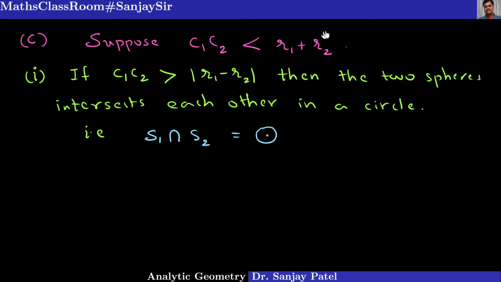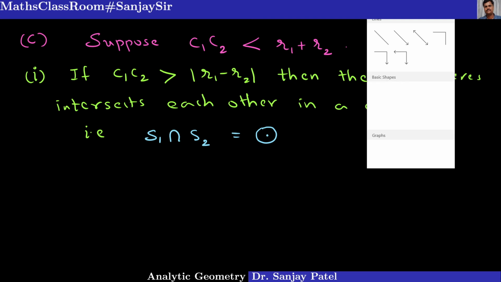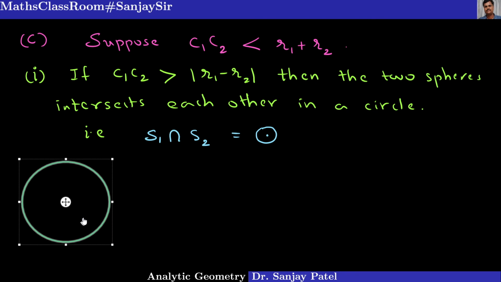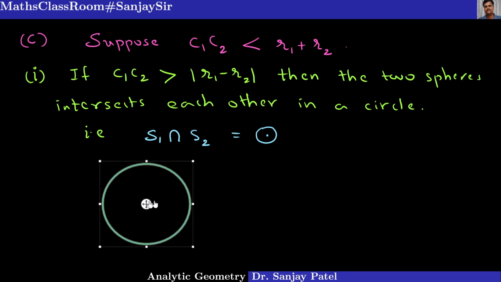Okay, let us understand this by diagram. What is the situation in this case? So we have one sphere, and another sphere like this.